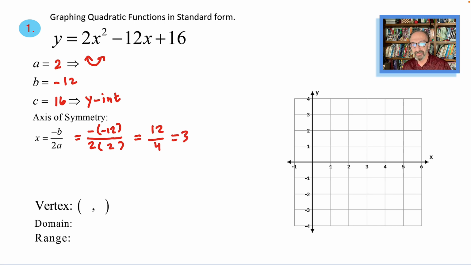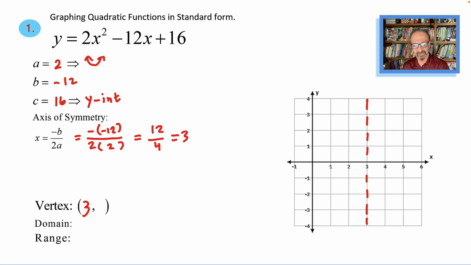So the axis of symmetry is at x equals 3, which is right here. That is the axis of symmetry. That's going to be also the x coordinate of the vertex.